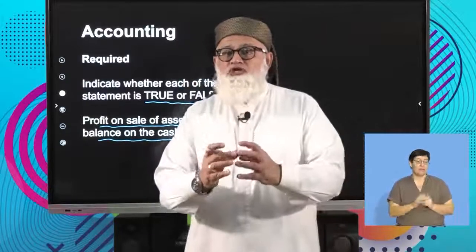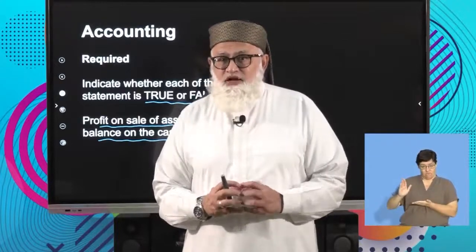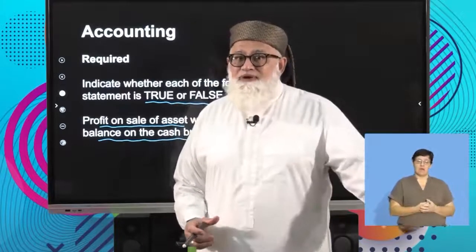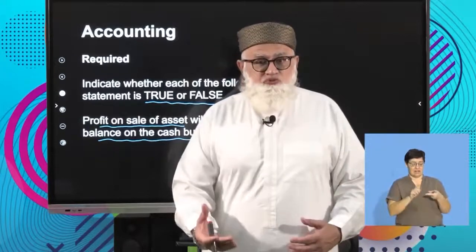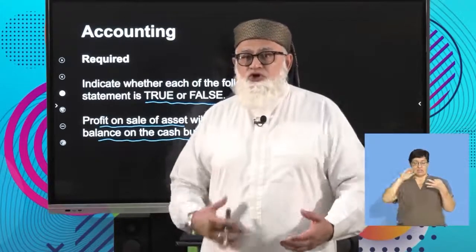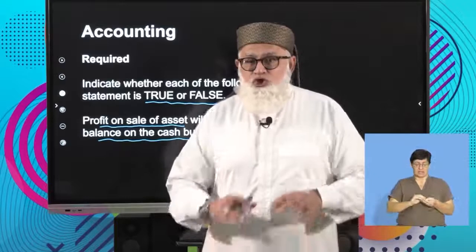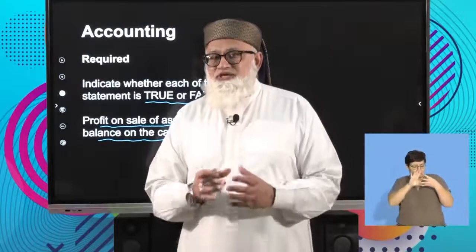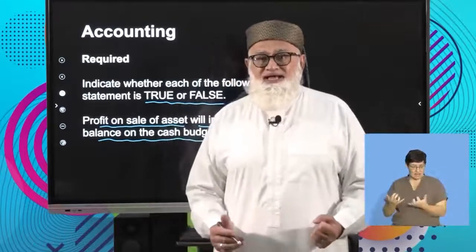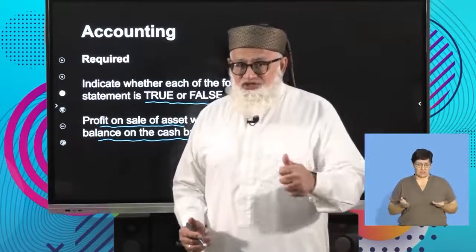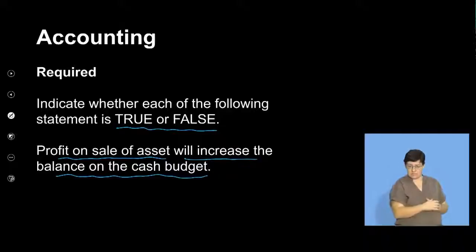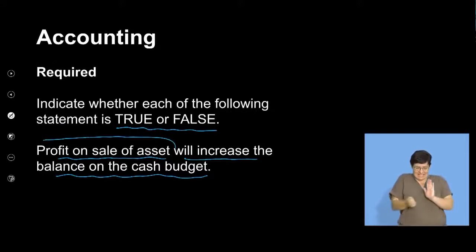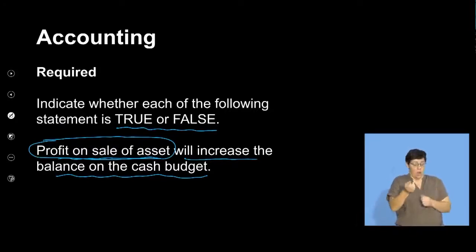When you're disposing of an asset, right, you've got the selling price, you've got the cost price, you've got the depreciation, you've got the accumulated depreciation, all those components that we generally calculate when we're working out the asset disposal. The question here says, the profit on sale of asset, they're talking specifically about the profit, not the selling price, will increase the balance on the cash budget.